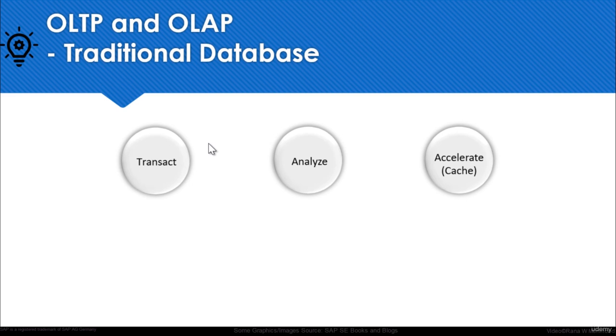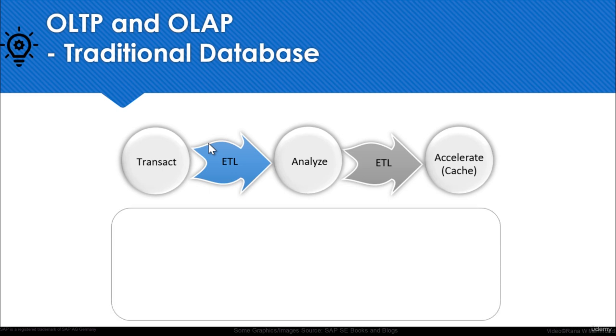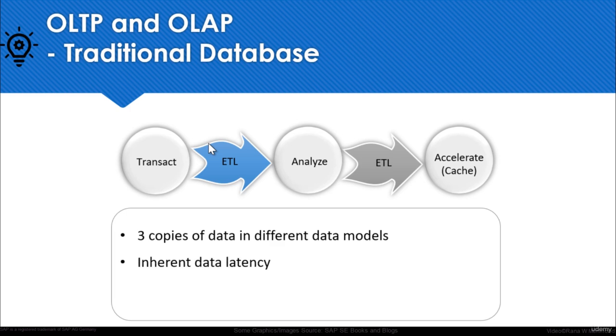And in between these three different copies of data, there is a process of ETL, which is the abbreviation of extract, transform, and load. So in a traditional database, due to three copies of data in different data models, there were unnecessary complexity and inherent data latency.